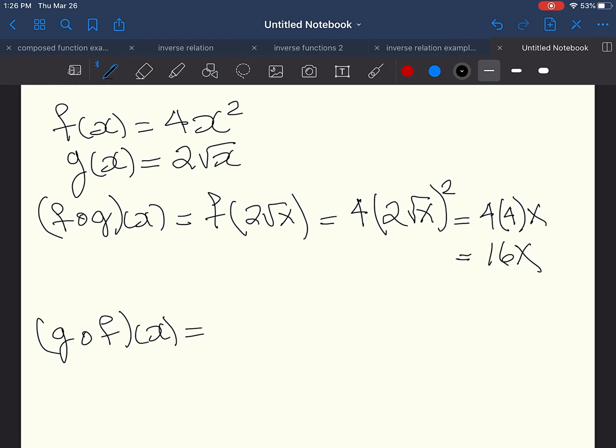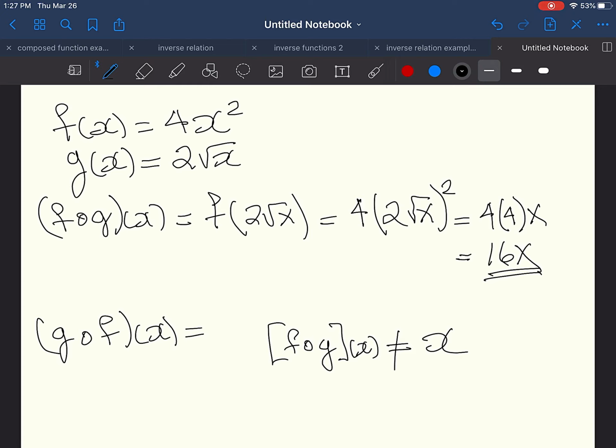Then you see in this case 16x is not the identity function. Then we conclude that f composed with g is not equal to the identity function.